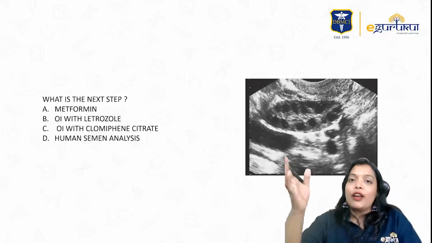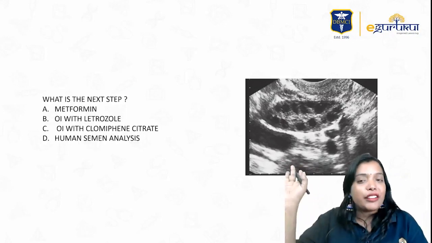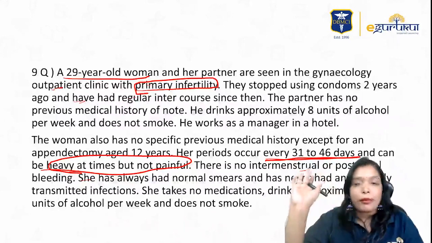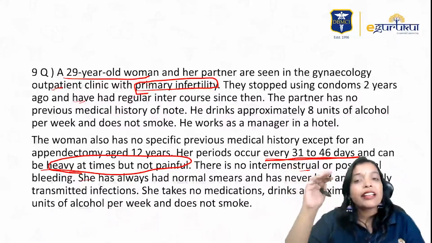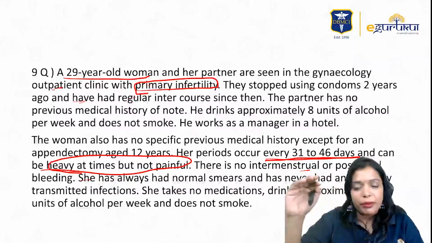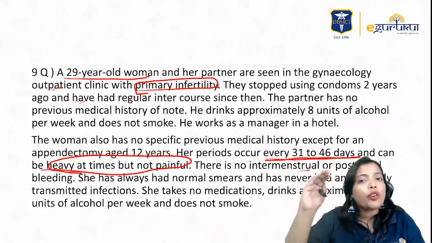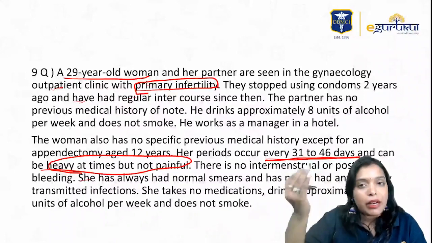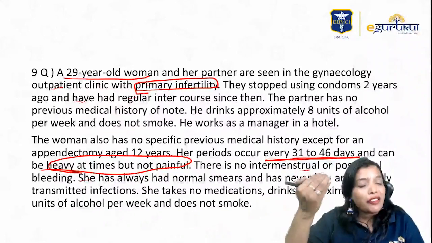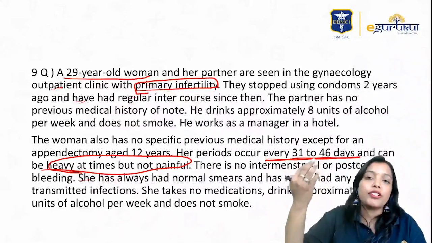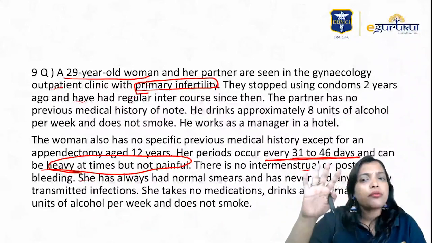If you have answered A or B, you fell in the trap, guys. So I'll just see the question here. It's a primary infertility. Yes, I agree with that. There is a PCOD here in the patient. But before you start ovulation induction, don't you think you have to evaluate the male partner also? If the male partner has azoospermia and you go on giving ovulation induction drugs, will there be any use?